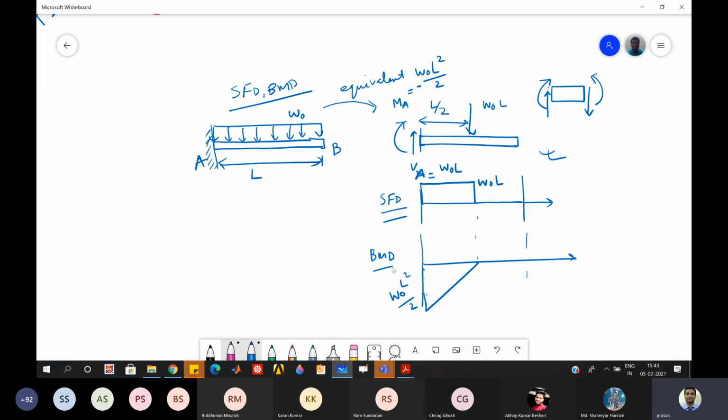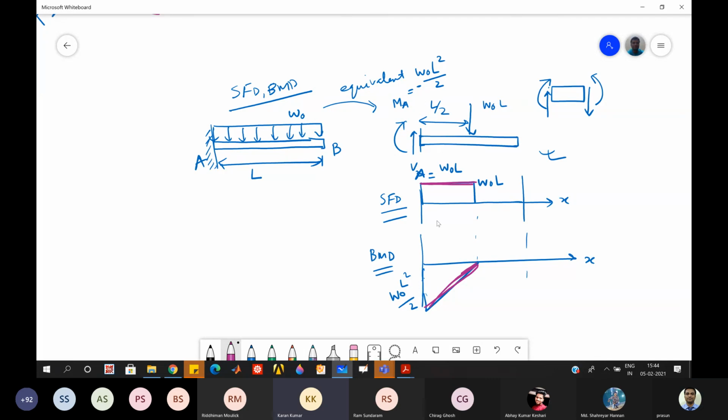But do you think that these are correct solutions? No, sir. Why not? What is wrong here? Sir, here the force will be distributed for that section at a different point in BMD.